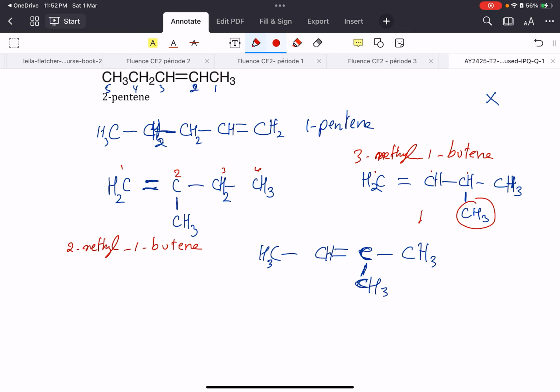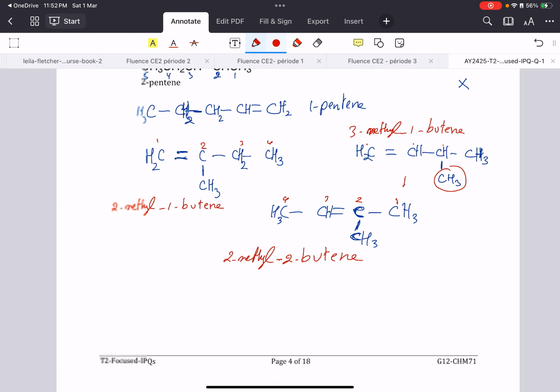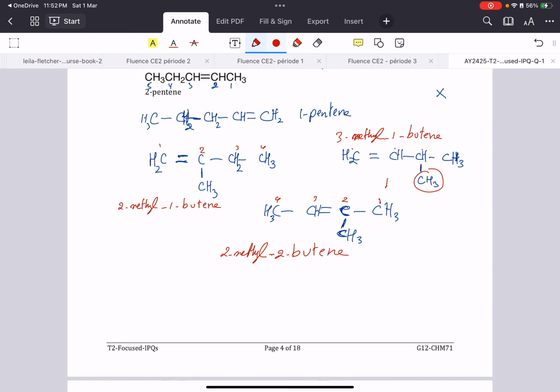So 2-methyl-1-butene is different from 3-methyl-1-butene. And for this one, 1, 2. So I have a butene on the second and the branch on the second. So 2-methyl-2-butene. So these are 4 possible isomers.